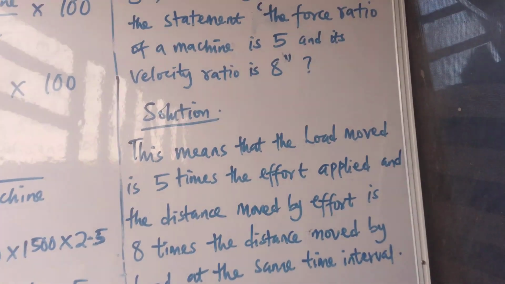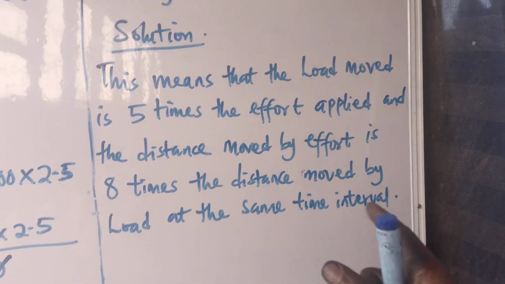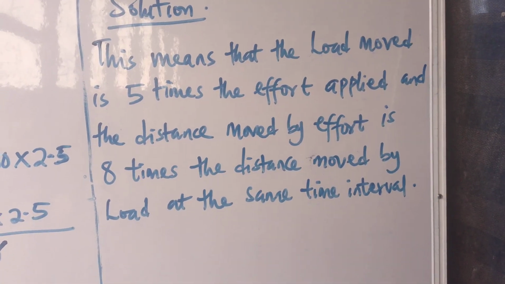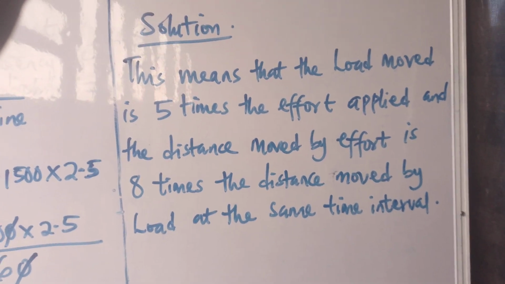Okay, so this means that the load moved is 5 times the effort applied, and the distance moved by effort is 8 times the distance moved by load at the same time interval.